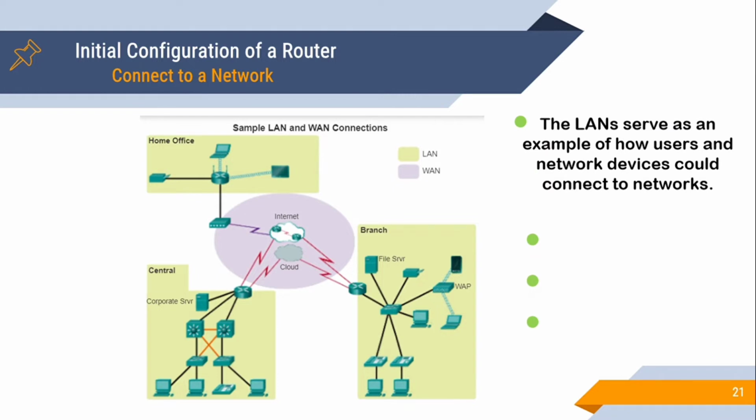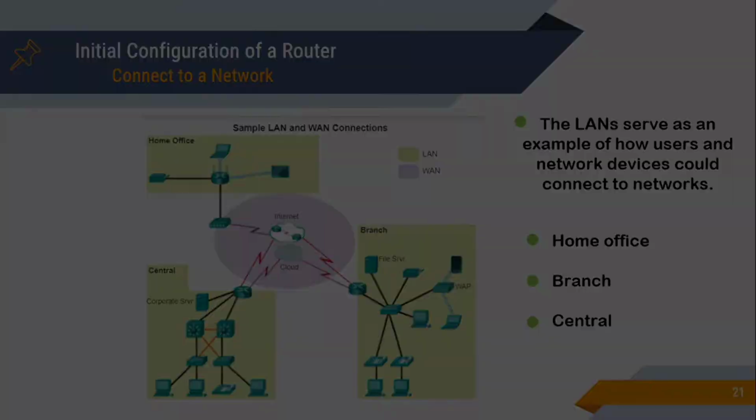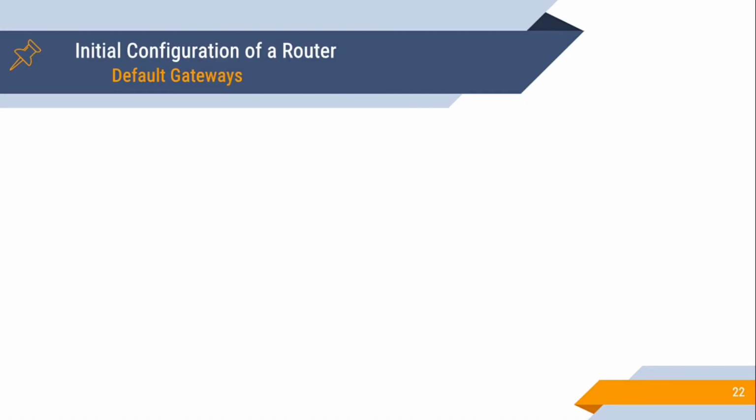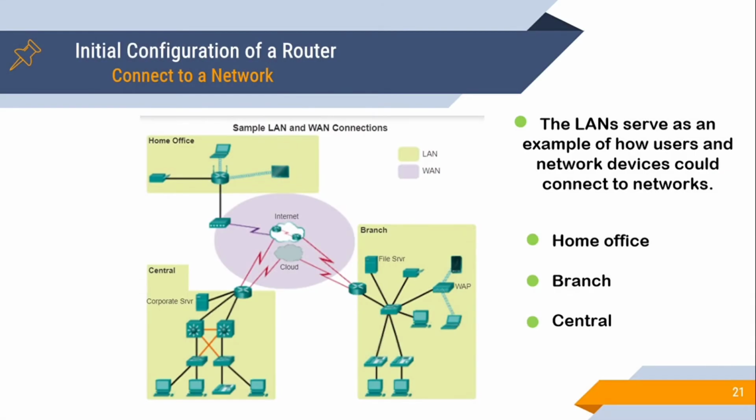As you can see, there is a home office on the left side and the branch site in the lower part along with the central site, which are connected with their respective devices. In the branch and central LANs, hosts are connected either directly or indirectly via WAPs to the network infrastructure using a layer 2 switch.